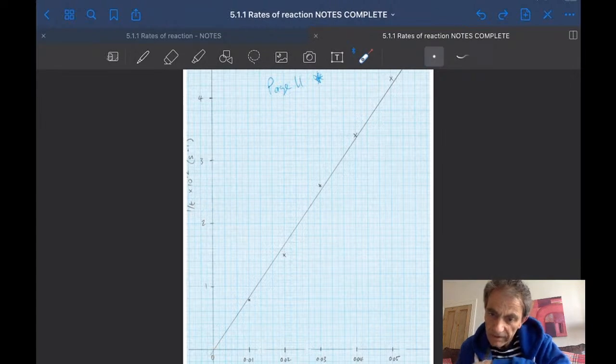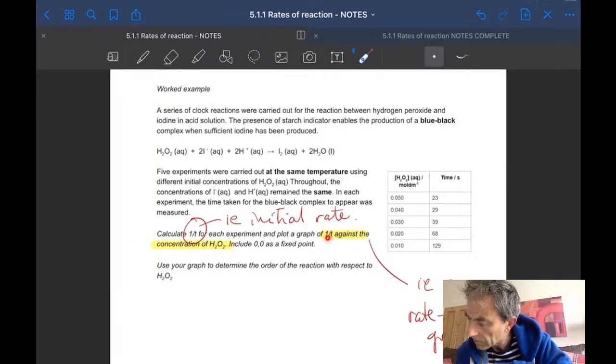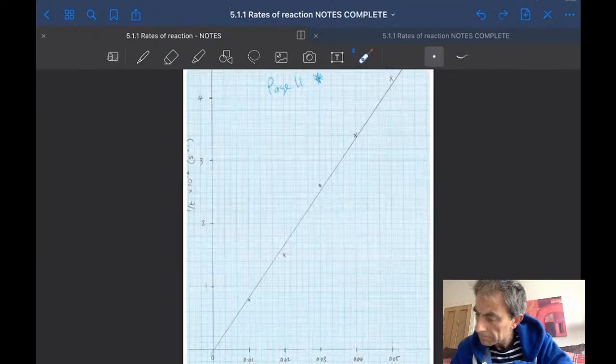Why am I doing 1 over t and not t? Because the question says plot 1 over t against concentration, because 1 over t is a measure of the rate. Okay? So this is a rate concentration graph.